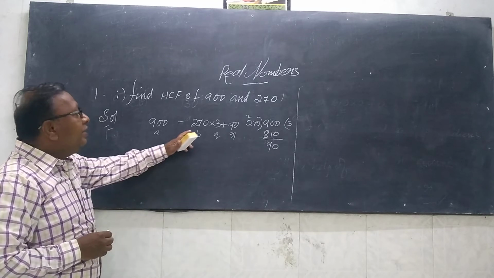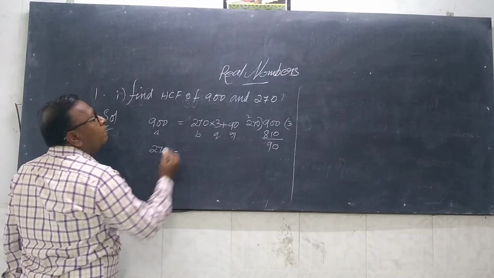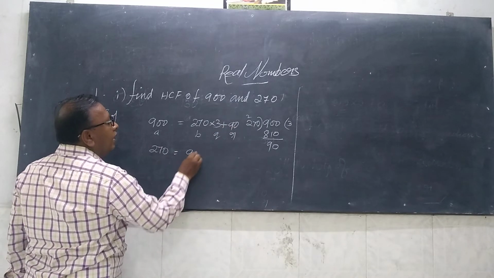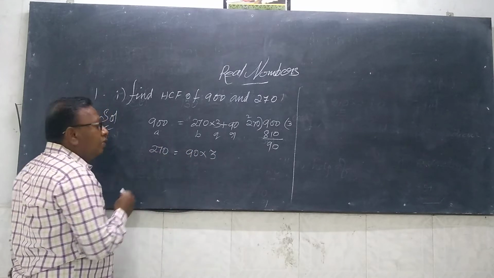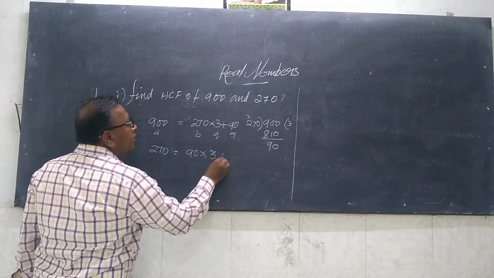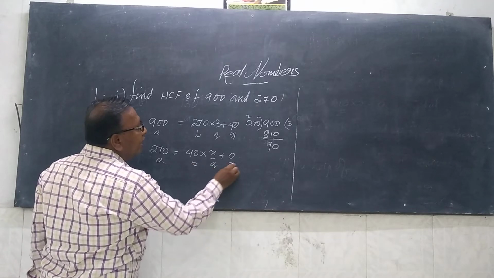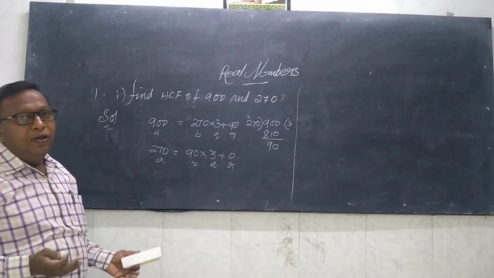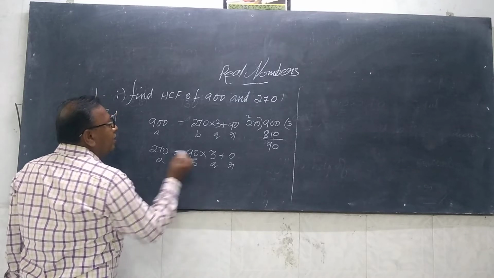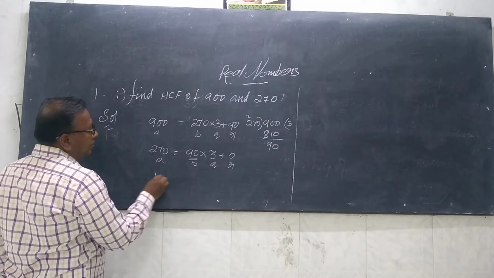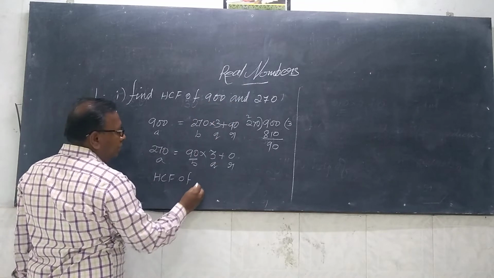Now we will take this 270. It is now being divided by the remainder 90. So 90 into, very clear this time, 3 is 270. So 270 minus 270, the remainder is 0. So this is A, this is B, this is Q and this is R. When we got remainder 0, we cannot further divide. So this B, that is the divisor here, is called the HCF, highest common factor, of 900 and 270.